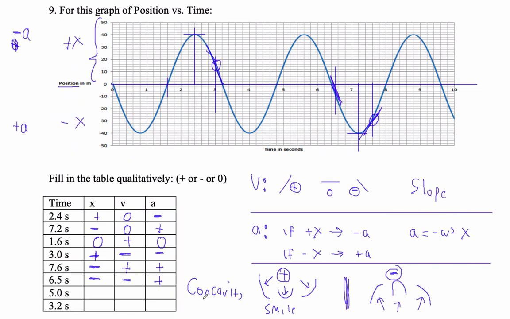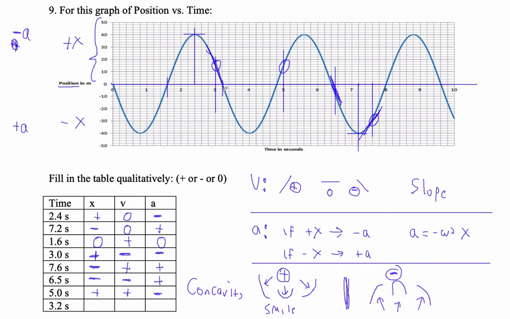All right, let's see, 5 seconds. Our slope is definitely positive there. Our position is also above zero. Therefore, our acceleration is toward equilibrium, so we're accelerating downward. It's a negative acceleration.